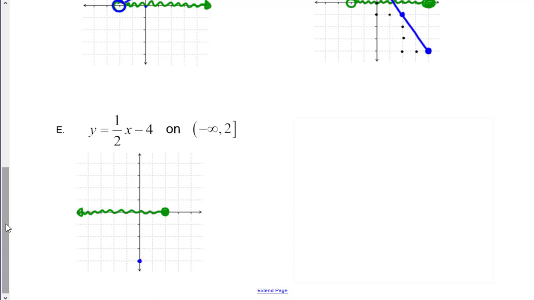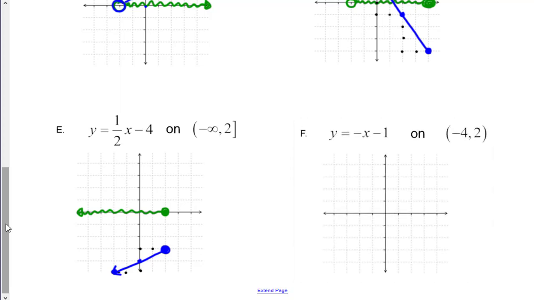My slope is 1/2, so I would go up 1 over 2, and that gives me another point on my line. Or I could go down 1 and back 2 and get myself another point on the line. So this is definitely a closed circle, and I'll just put an arrow there because it's continuing on to infinity that direction.